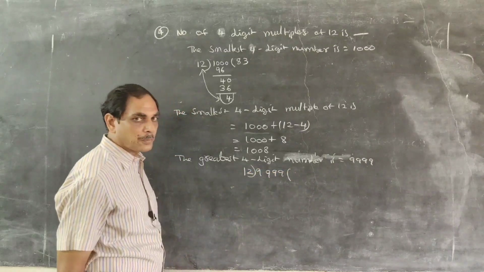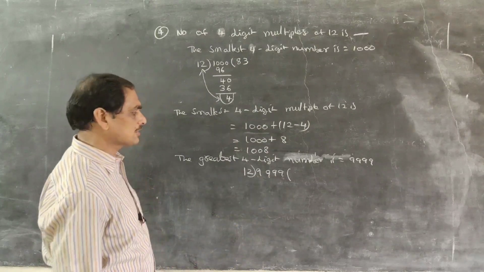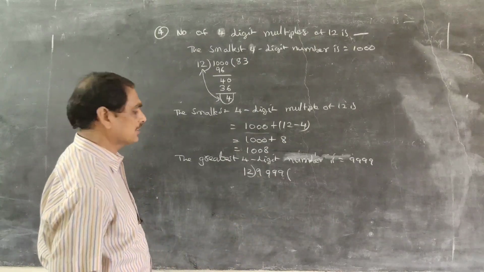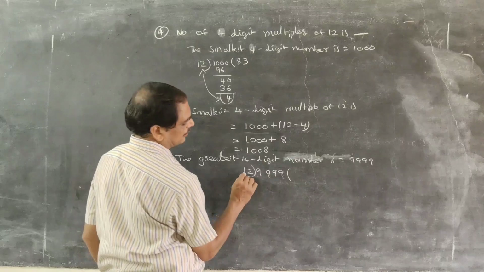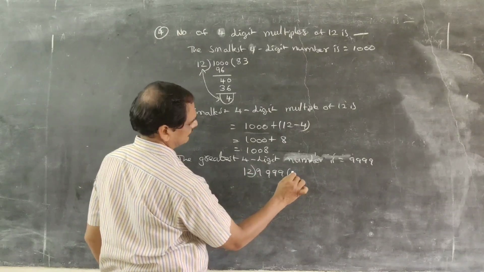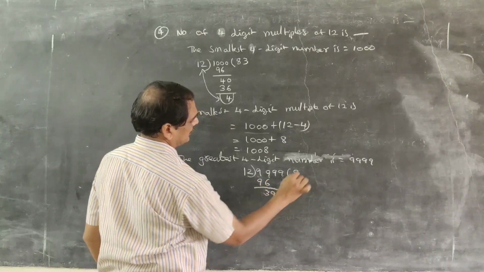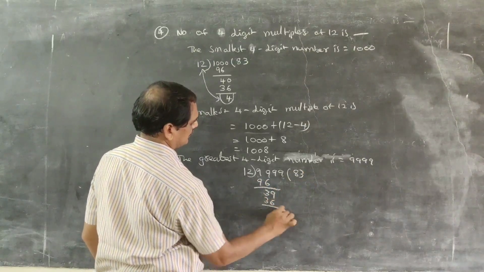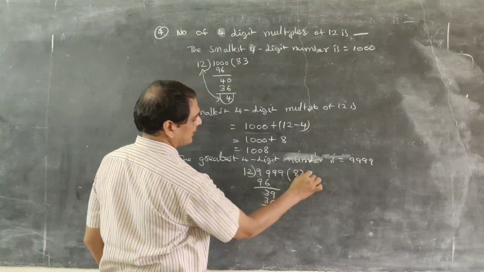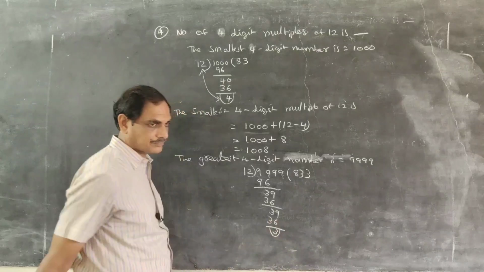If it is divisible by 12, we say that 9999 is the greatest 4-digit multiple of 12. So let us check by dividing by 12. 12 8s are 96, 3 9, 12 3s are 36, 3 9, again 12 3s are 36, 3 is the remainder.